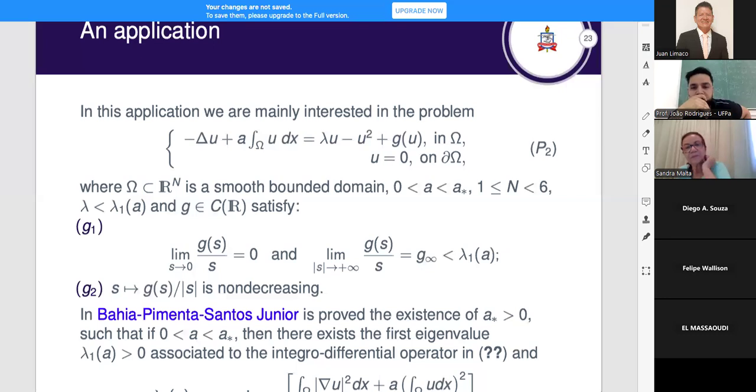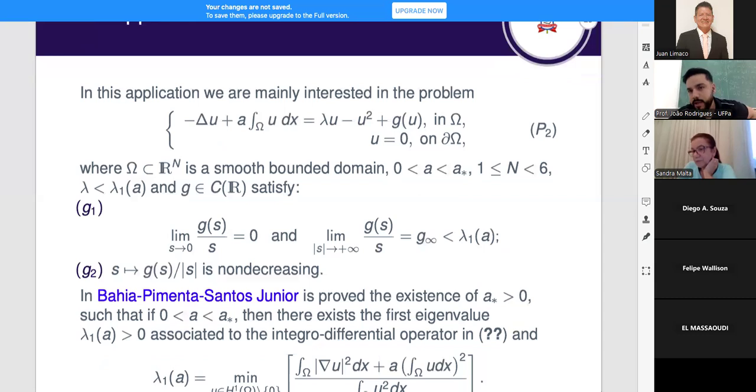If lambda is an eigenvalue, I don't know. It's important for us to use the Nehari manifold theory and C1 manifolds in the case of eigenvalue problems.